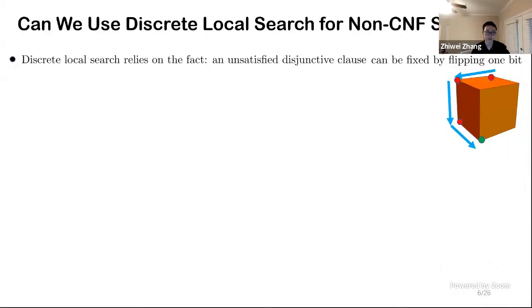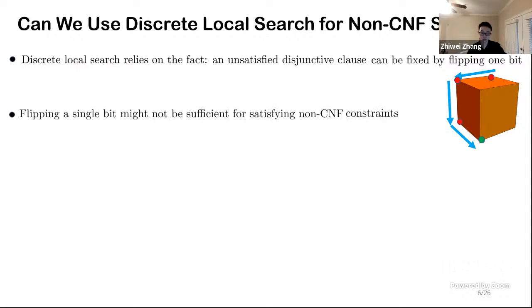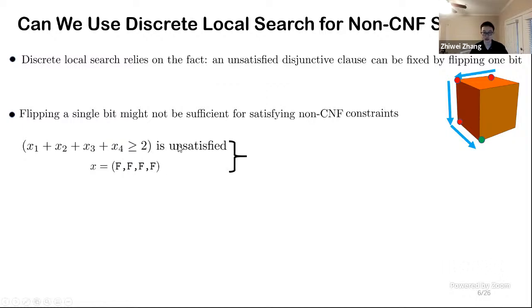Let's see what happens. Remember that discrete local search also relies on some properties of CNF, which is that an unsatisfied clause can always be fixed by flipping just one variable. But does this property also hold if we want to solve non-CNF constraints? Probably not. Let's see the following example. Here we have a cardinality constraint with 4 variables, and suppose we start from this all false assignment. Now it is unsatisfied.